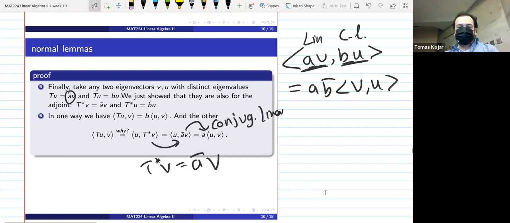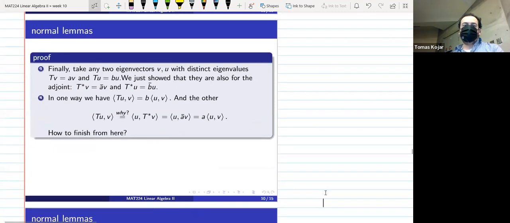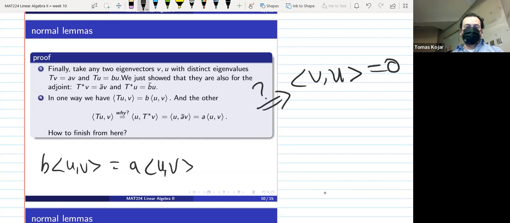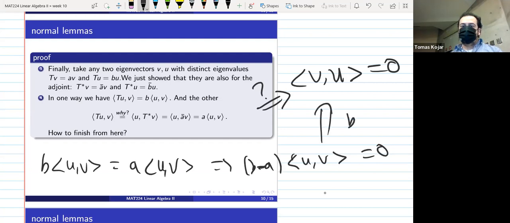So I computed it in two different ways. How do we finish from here to show that <u, v> is zero? Right, so we just proved that this is equal to this, and then you have (b minus a) times <u, v> equal to zero, but b is not a.